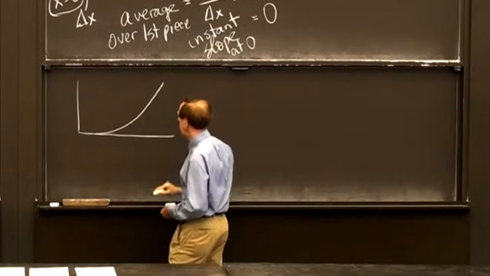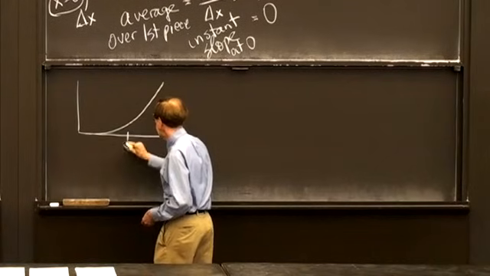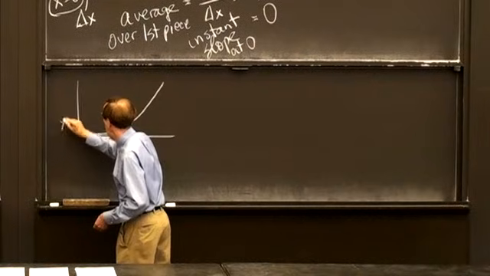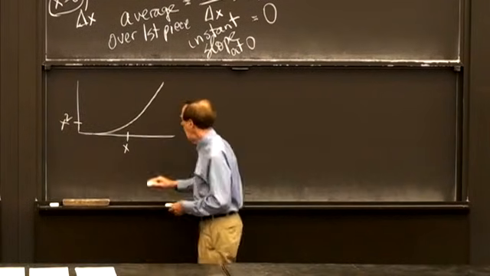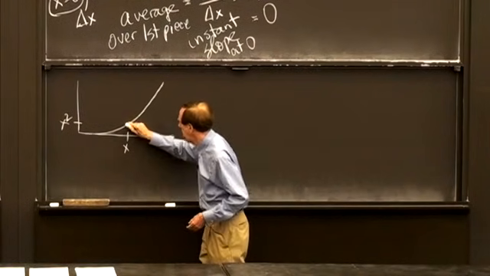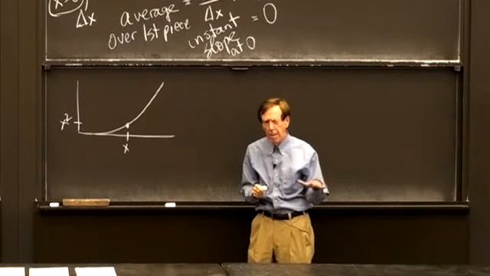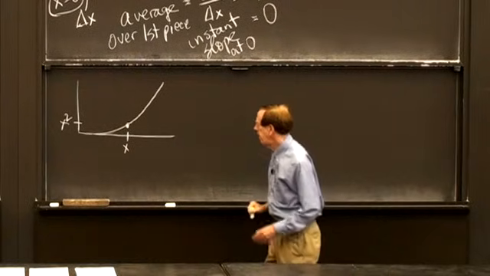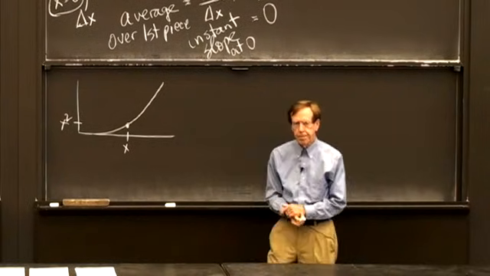At some point x here, I'm up at a height x squared. And I'd like to know the slope at that point. How am I going to do it?